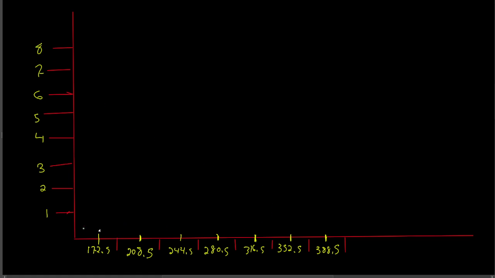And what I want to do is color in a rectangle as a bar for each one of these. So my first count was 3, so I have a bar that's 3 high. My second count was 2. And my third count was 5.